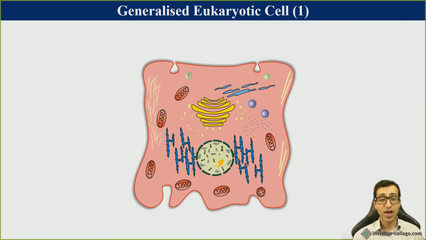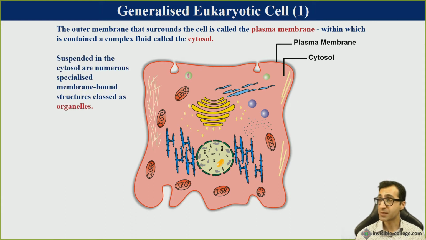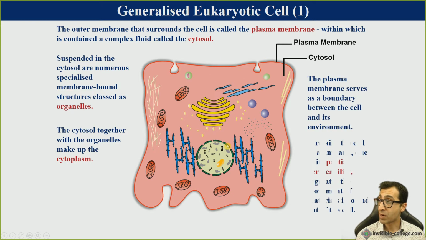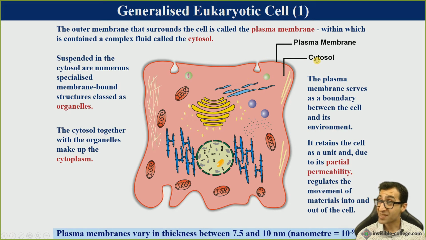If we're looking at a generalized eukaryotic cell, there are certain features that we find in all eukaryotic cells. We find a plasma membrane, we find the cytosol, and suspended within the cytosol we find various types of membrane-bound organelles that we mentioned before. But also remember there is a distinction between the term cytosol and the term cytoplasm. The term cytosol refers to the jelly-like watery matrix that makes up the liquid component of the internal portion of the cell.